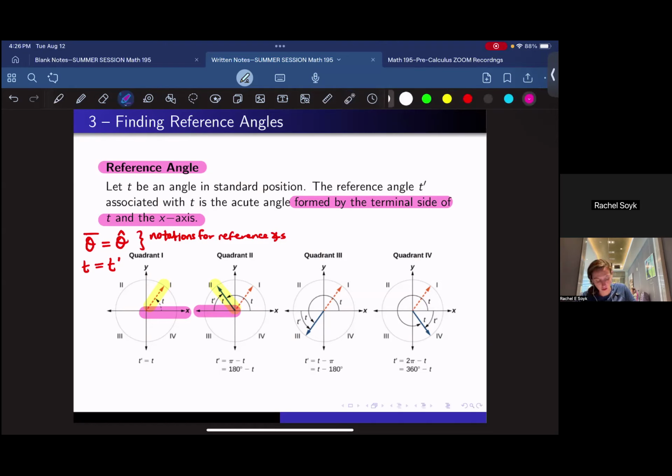And just to finish this up, we have x-axis closest to the terminal side, between that reference angle, and then terminal side, x-axis closest to it, terminal angle, reference angle, and we're good.